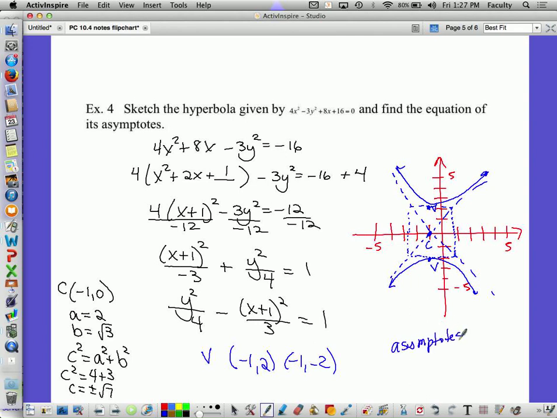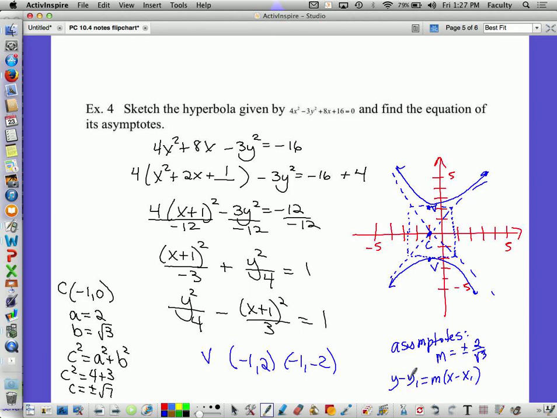The difference here is that I still have a slope. I'm going up 2, right radical 3. Okay, so it's plus or minus 2 over radical 3. And I would like you guys to get in the habit of using point slope. I know we didn't use it that much, but surprisingly it comes up in calculus. So we're going to go ahead and practice it here at the end of the year.